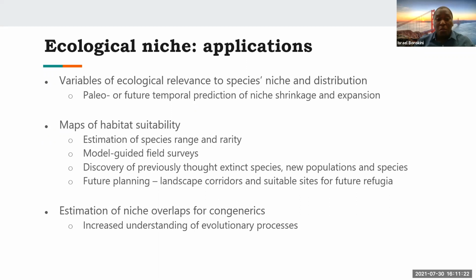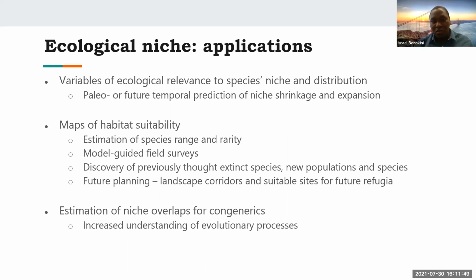You can also use niche models to find out whether evolution between two sister taxa is allopatric or sympatric. That is, does the evolution of two species involve a complete change in the environmental conditions or the niche of species A from species B?